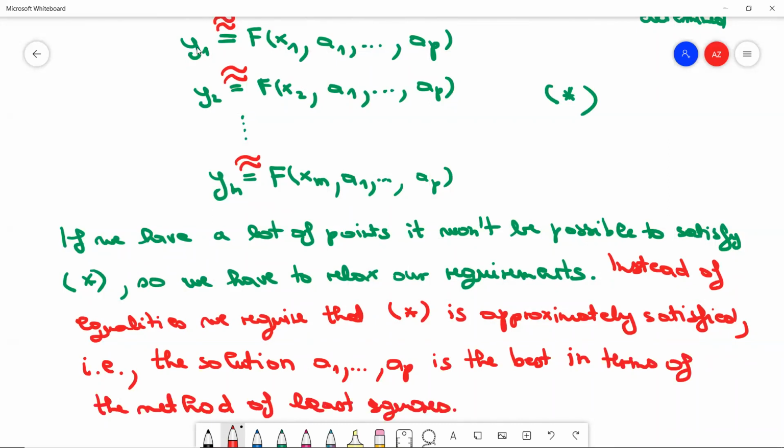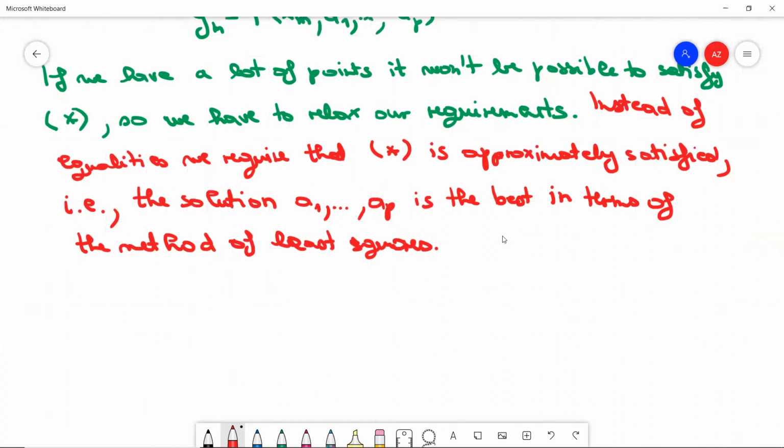We look at the difference between y1 and the value of the right-hand side, then the difference between y2 and the value of the right-hand side, and so on. We don't just sum those values, because some are positive and some are negative, and they could cancel. If we didn't square those differences, we could get 0 at the end even though the actual approximations would be bad. That's why we have to square.